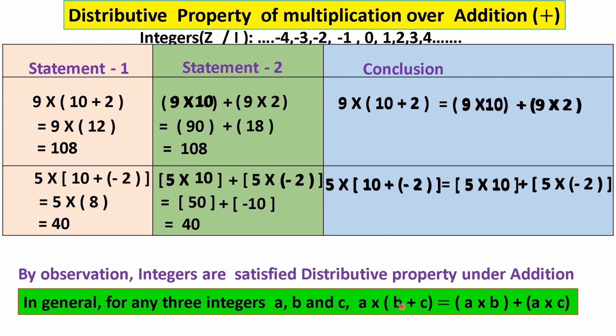Here is a plus, so that's why a into b plus a into c. This is known as the distributive property of multiplication over addition.